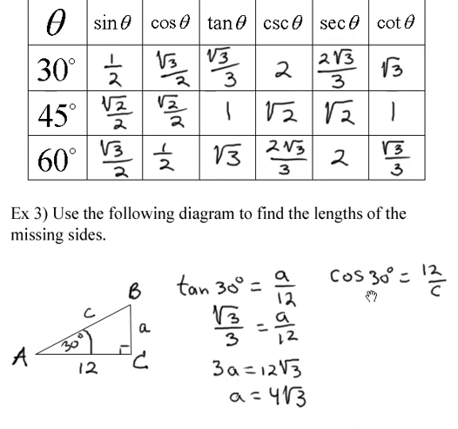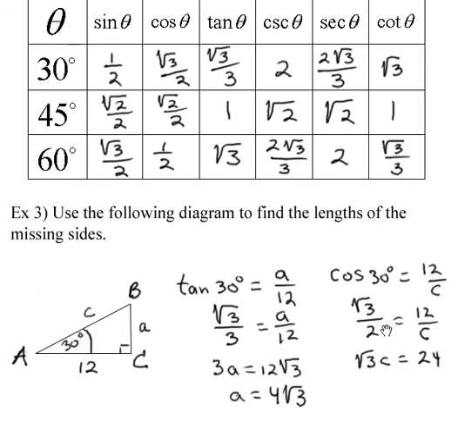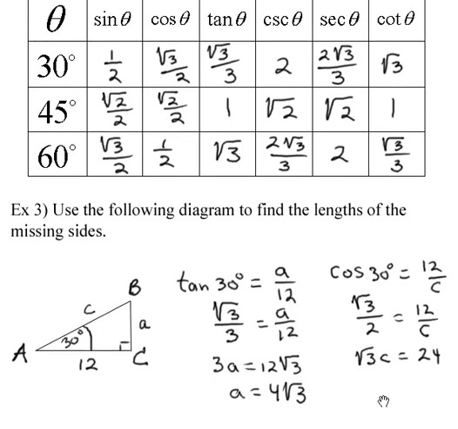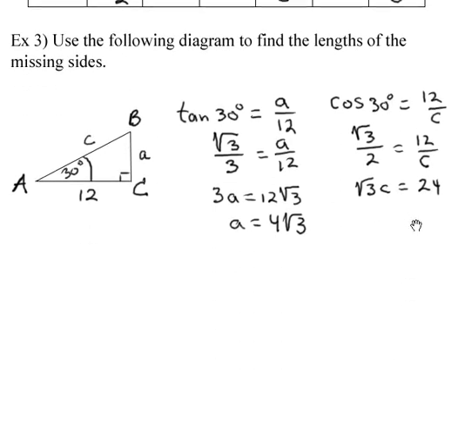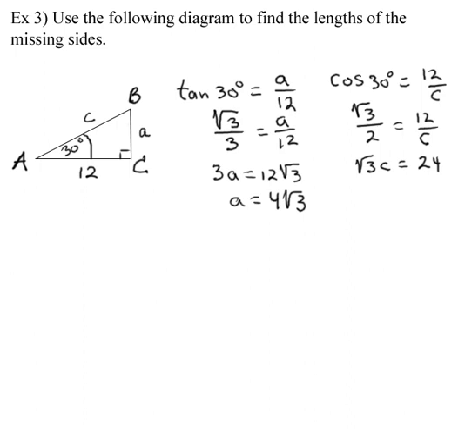Cosine is the square root of 3 over 2. We're going to replace cosine of 30 with the square root of 3 over 2. Again, we have a proportion, so the product of the extremes equals the product of the means. So that gives me square root of 3 times C equals 2 times 12, which is 24. And let's continue to solve this by dividing both sides by the square root of 3.